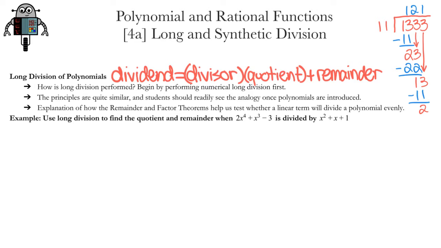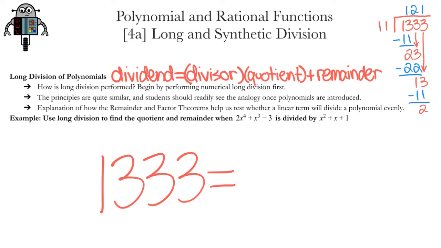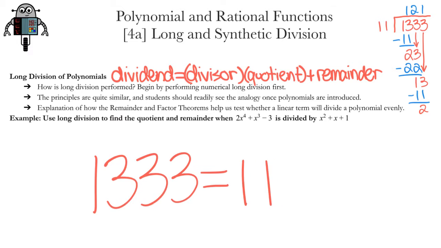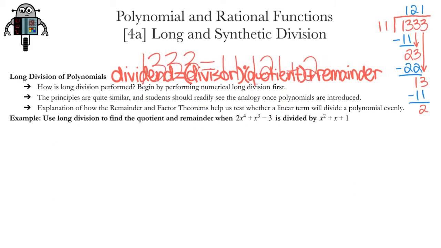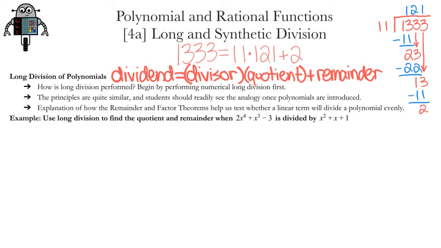The dividend, 1,333, is equal to the divisor, 11, times the quotient, 121, plus the remainder. 11 times 121 is equal to 1,331, which happens to be 11 cubed, and then we add 2, and we get 1,333. Excellent. Knowing the algorithm and the vocabulary is really helpful.